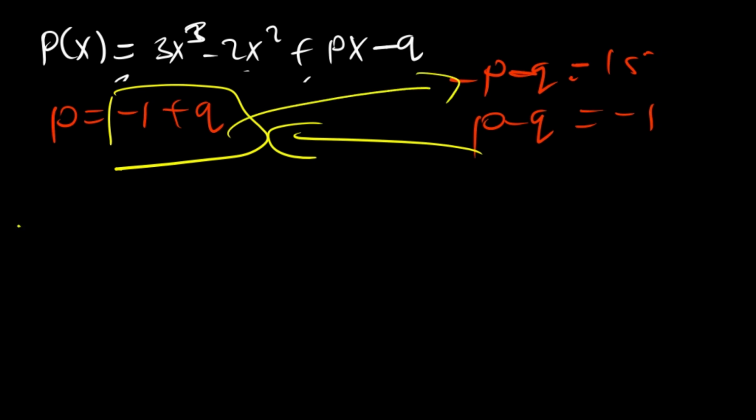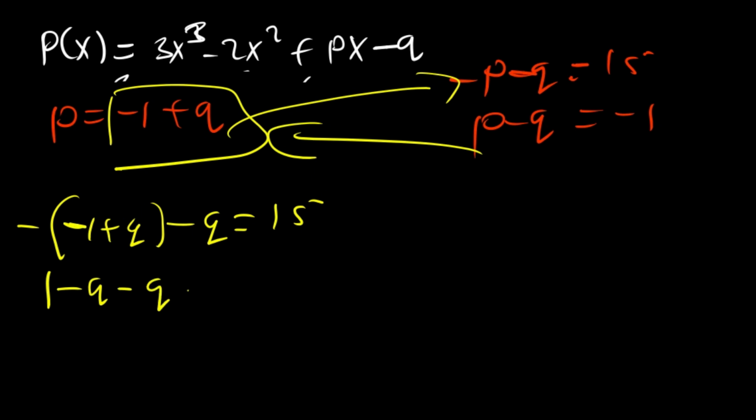So I'll say negative, open brackets, negative 1 plus q, close the brackets, minus q is equal to 15. Negative times negative 1 is going to be positive 1. Minus q, minus q. So I'll have 1 minus 2q is equal to 15.